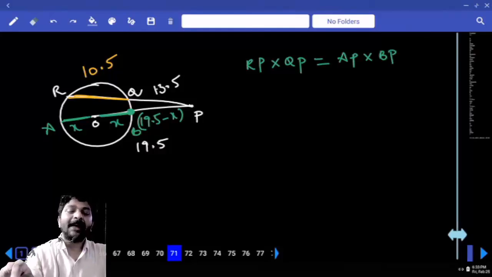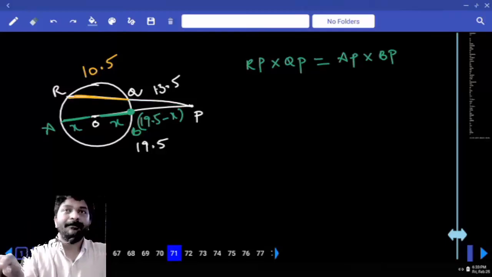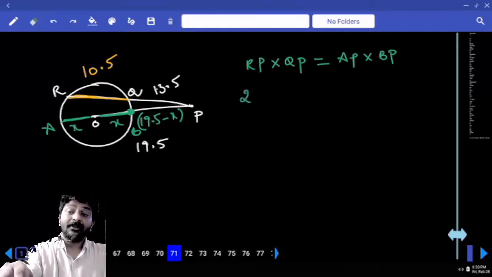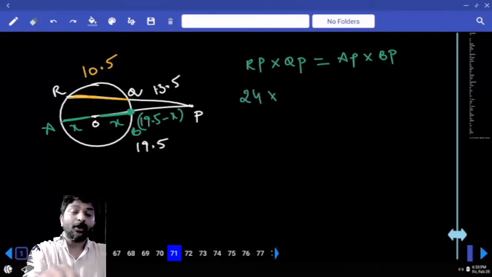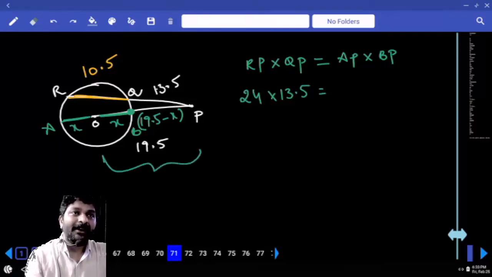What is the length of RP? R to Q, Q to P: 10.5 plus 13.5, that is 24, into the length of QP, 13.5.